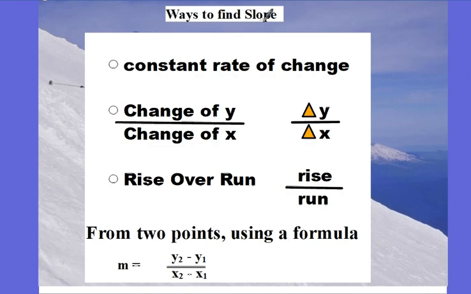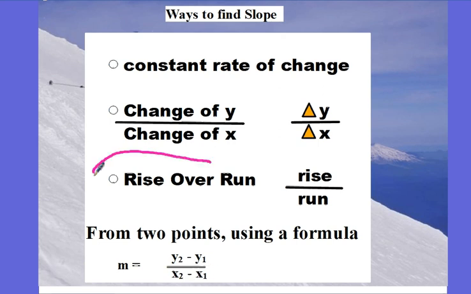So there are different ways to find slope. There is constant rate of change. There is change in y over change in x. The rise over the run. And from 2 points, we're going to use a formula that's m equals y2 minus y1 over x2 minus x1.